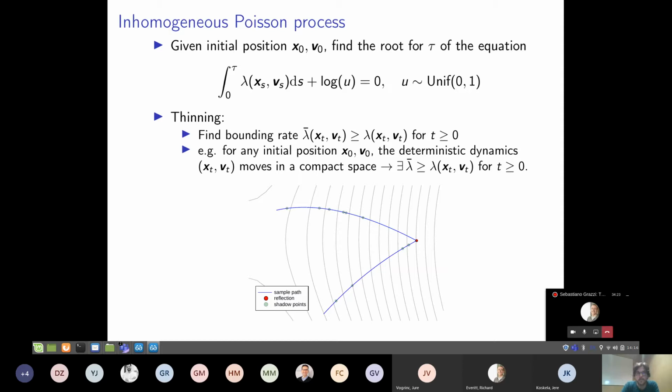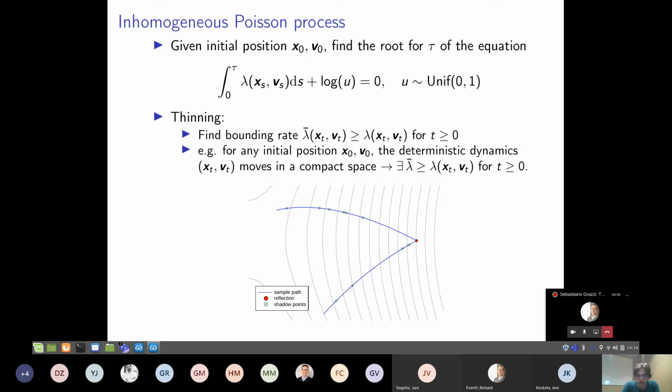Often this is not possible, so it's also quite normal to use thinning techniques. In thinning, we have to find an upper bound of this lambda rate, and then we can replace our Poisson rate with the upper bound and simulate from that.